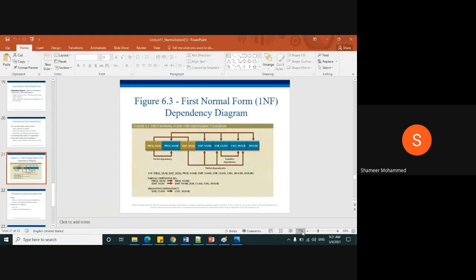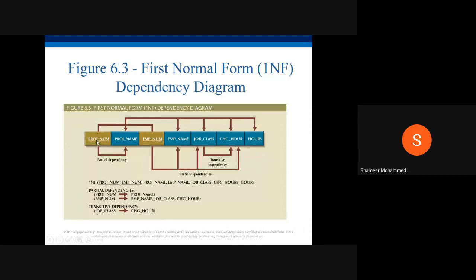So in your slides, it has been given some other example called this project example. This one. See, project number determines project name. Okay. So project name will determine this one, employee name, employee class, what is the charging hour, that means the salary, and for how many hours you work. So this is the first normal form.